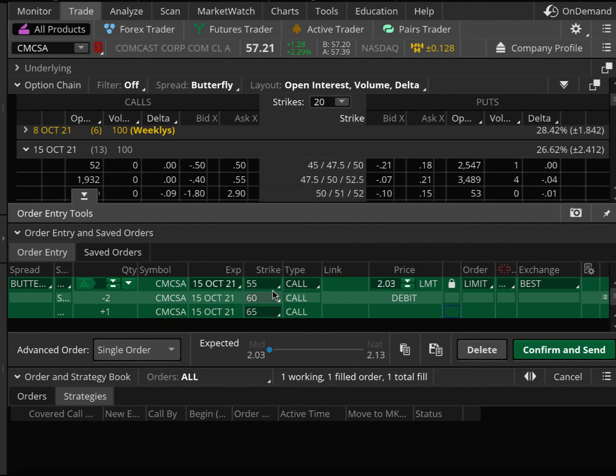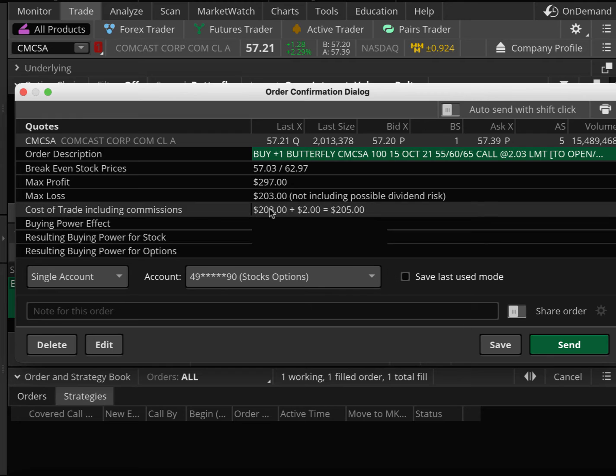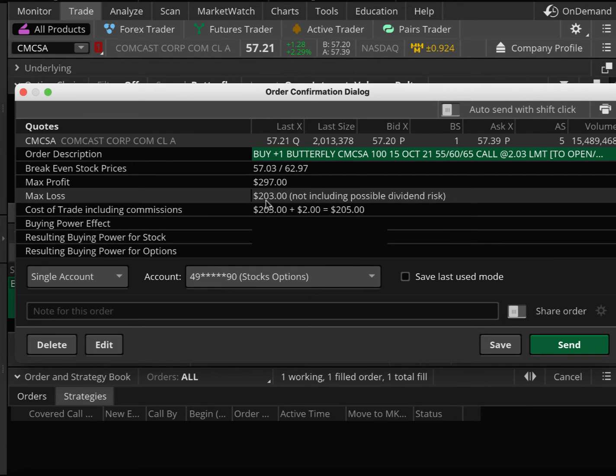So it's basically two spreads in one trade. And that's why you can pay very little but profit quite a lot. Let's see what our profit would be on a butterfly spread. So our maximum loss would be $200, and our max gain is almost $300. So that's how that works.